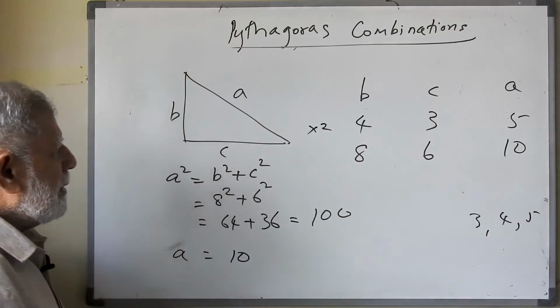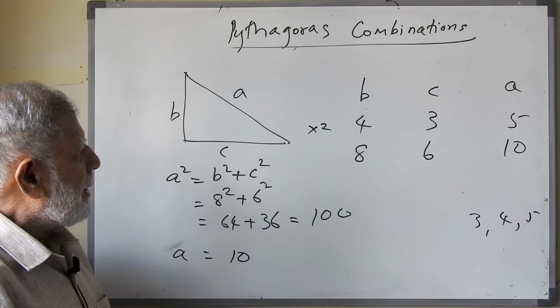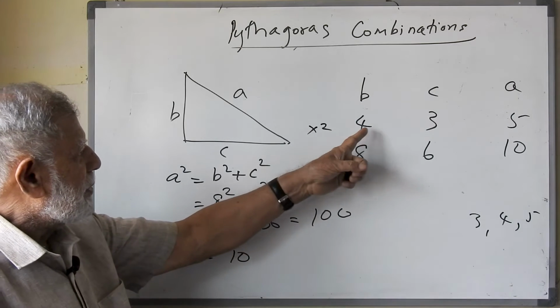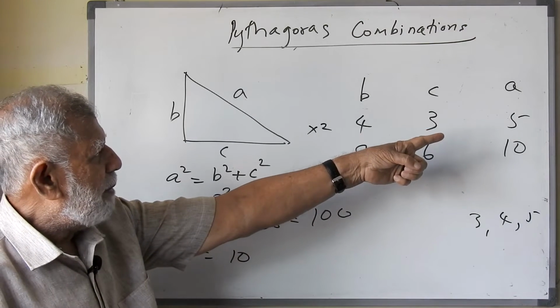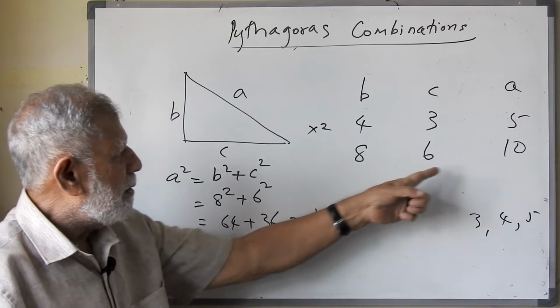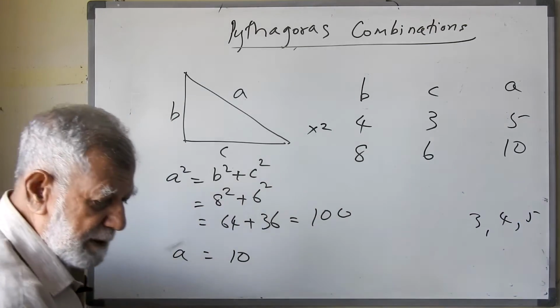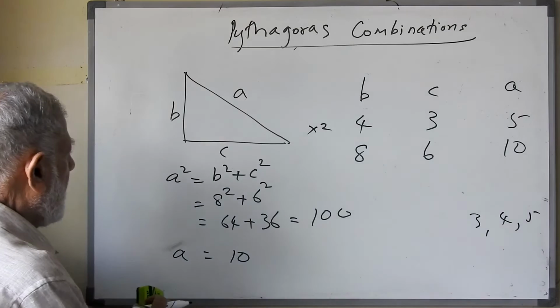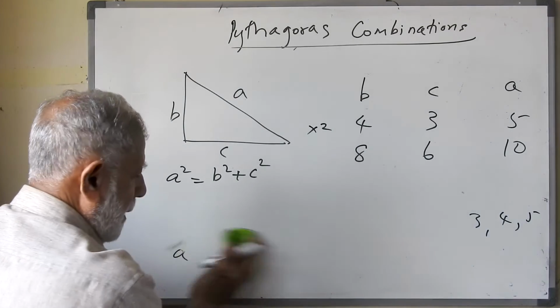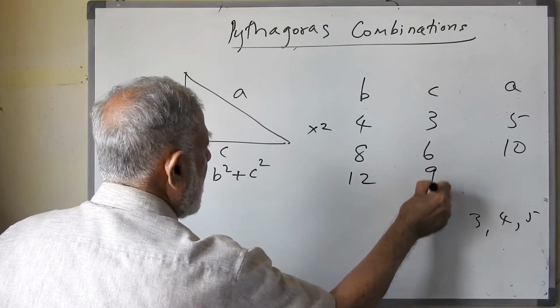So you see, it comes as a multiple of 2. When you multiply these two sides by 2, the hypotenuse also gets multiplied by 2. So this is also a Pythagoras combination. Supposing we multiply by 3, what happens? We will be getting 12 here, and 9.